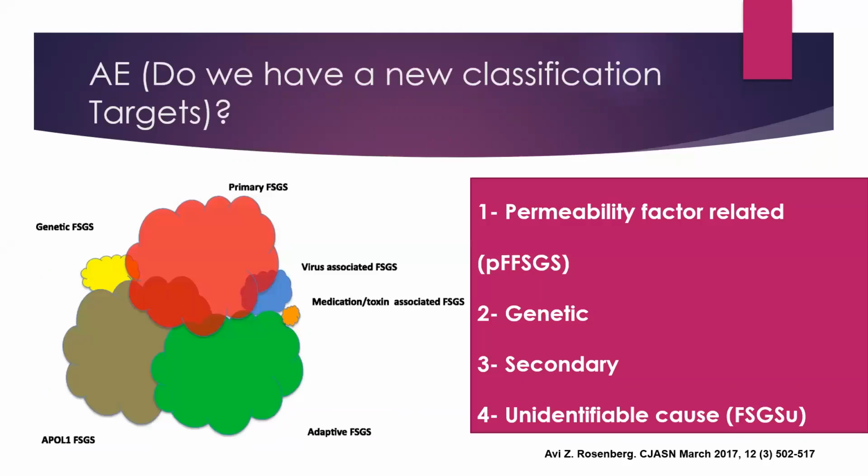So what are the categories? We have some shift in the differentiation. This is the classic one, which is the genetic, APOL1, primary, virus associated, medication and toxin associated, to less categorized, which is permeability factor related FSGS, genetic FSGS, secondary FSGS, and FSGS of unidentifiable cause.